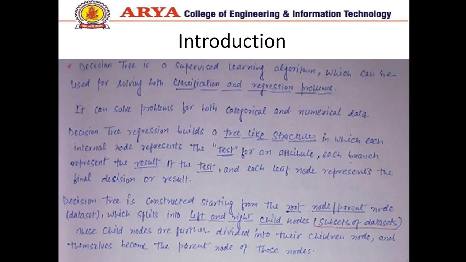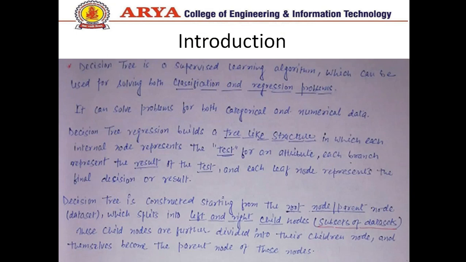As we already know, for regression based problems, we use a simple single graph or values that are numerical or continuous. But in case of classification, we always consider the data in the form of categories. It can solve problems for both category based and numerical based data.